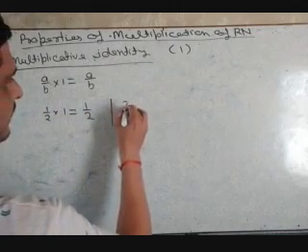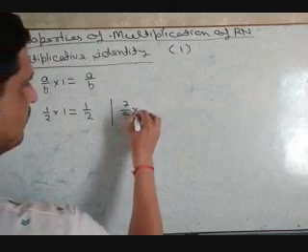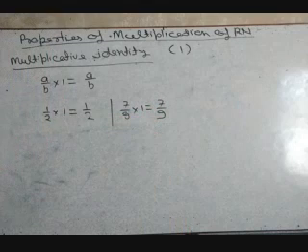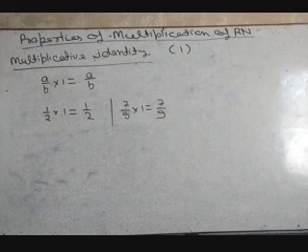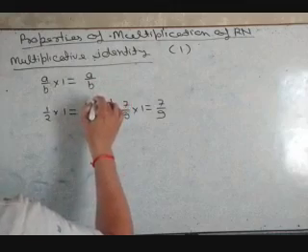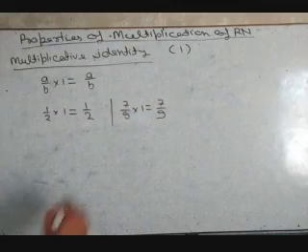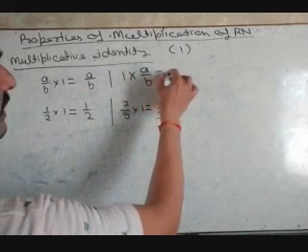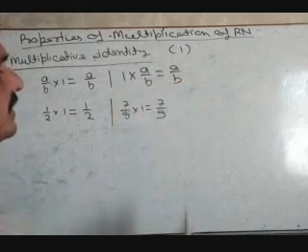Similarly, when 7 by 9 is multiplied by 1, we are getting 7 by 9. We can also say when 1 is multiplied by AB, then also we get AB in both the cases.